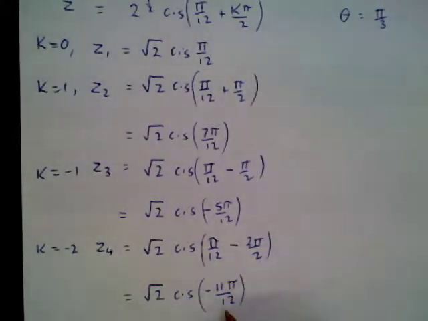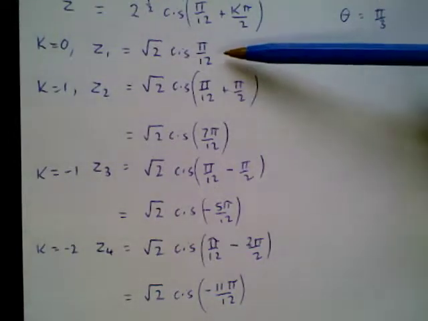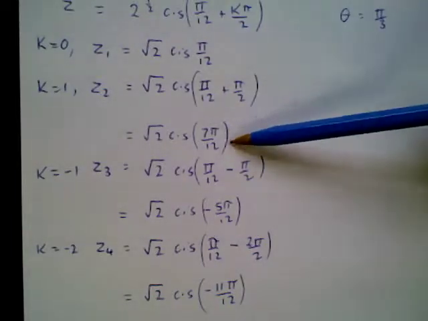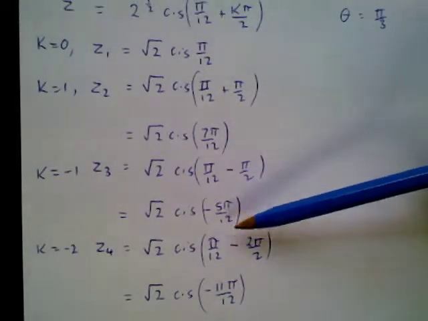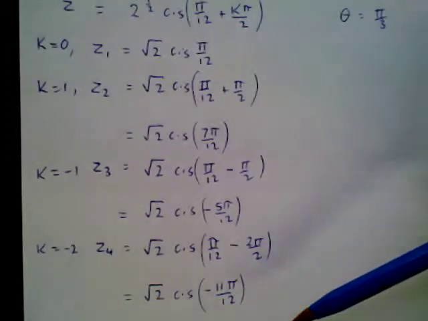Now you can see that final solution does fall within the negative pi to positive pi range that we often use for our angles. So there's our 4 solutions. We've got root 2 cis pi on 12, root 2 cis 7 pi on 12, root 2 cis -5 pi on 12, and root 2 cis -11 pi on 12.